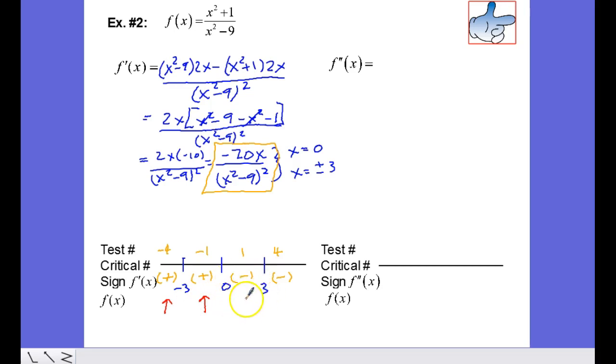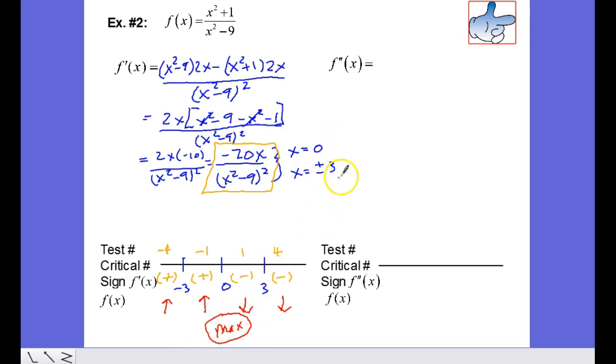Then, between 0 and 3, the function is decreasing, and we have a vertical asymptote that interrupts our function, but it continues to decrease on the last interval from 4 to infinity. Now, I notice that my function changes from increasing to decreasing, and so what that tells me is that we have a max located at x equals 0.